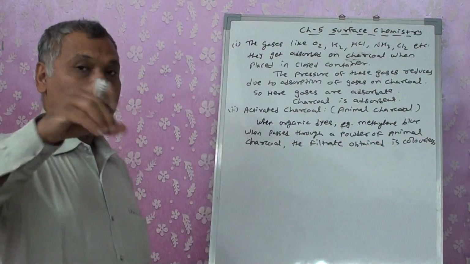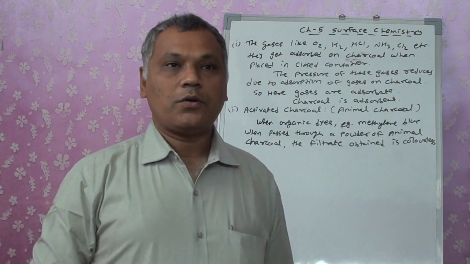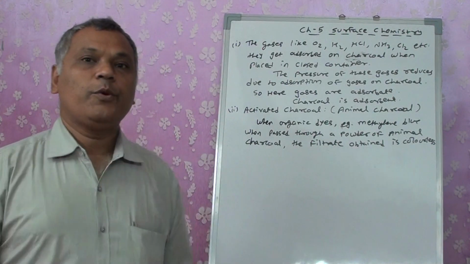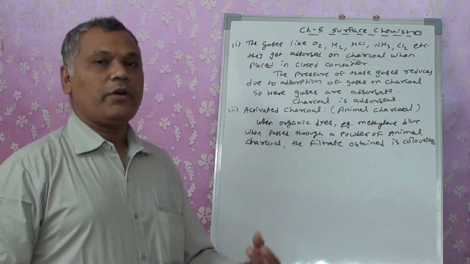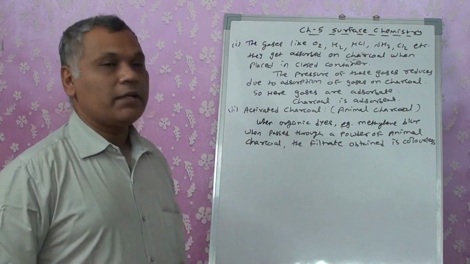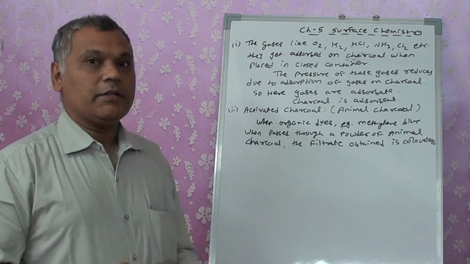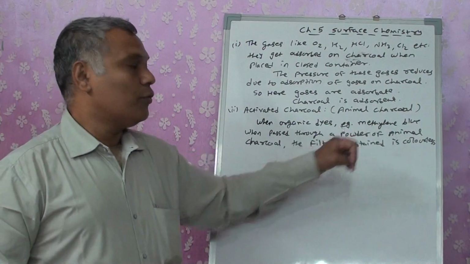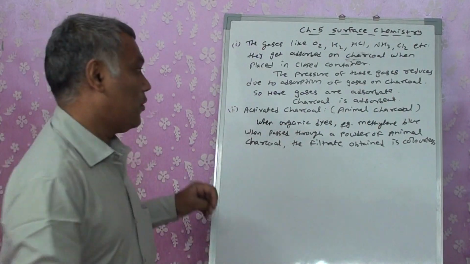Actually, I poured colored liquid onto an activated charcoal and then allowed it to be filtered out. But the filtrate that I am getting is colorless. Where is that color? The colored particles which were present in the methylene blue get adsorbed onto the activated charcoal.